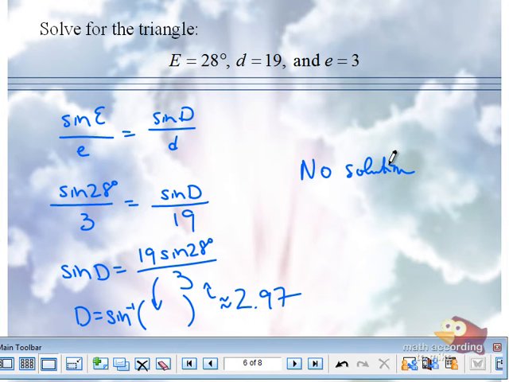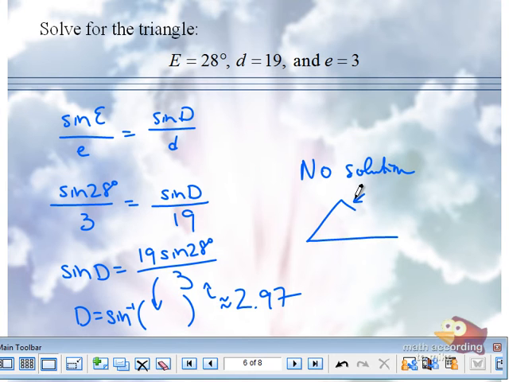So as a recap, anytime you're trying to solve for an angle and you have to take a sine inverse, you have to consider your special cases. If you take a sine inverse and you get a domain error, no solution. Meaning what happened was in this picture that the one side is not long enough to meet the other part of the triangle.